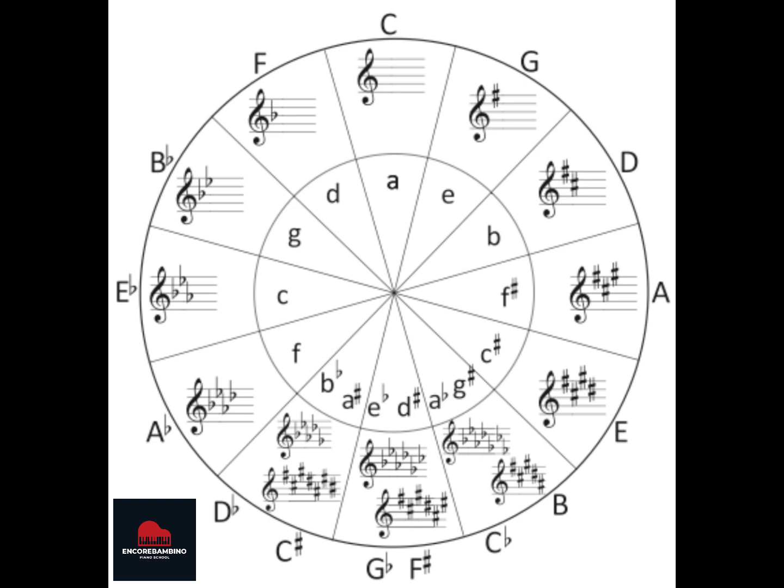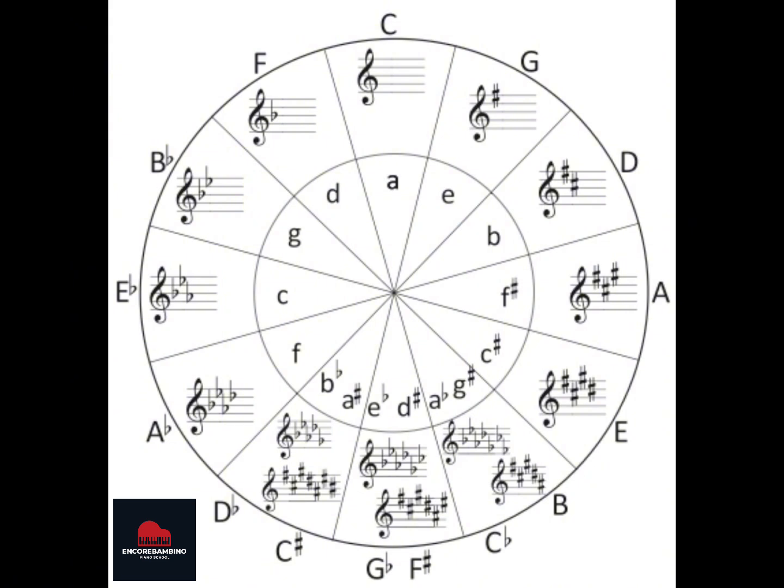Moving in the counterclockwise direction, less traditional, but that moves in fourths. The cool thing about that is if you're interested or familiar with playing chord progressions, this can help you out as well. So this will give you the fifth chord and the fourth chord of your progression.